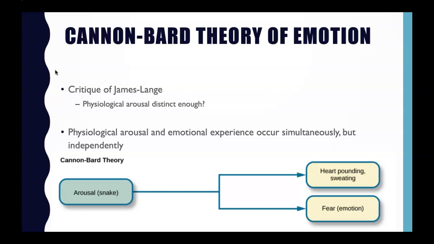Maybe sometimes people have the same response to being nervous, like sweating, heart pounding, as sexual arousal, sweating, heart pounding. So what Cannon-Bard is saying is that James-Lange, you're too general with your physiological responses and arousal. We as humans aren't good at translating those.